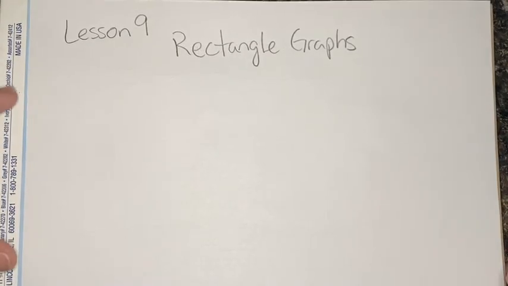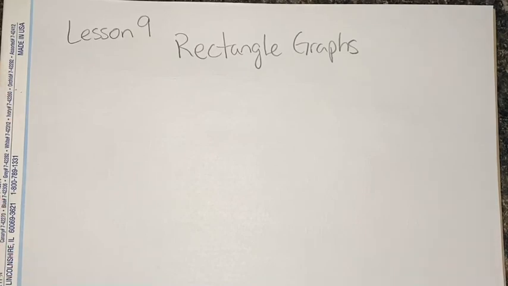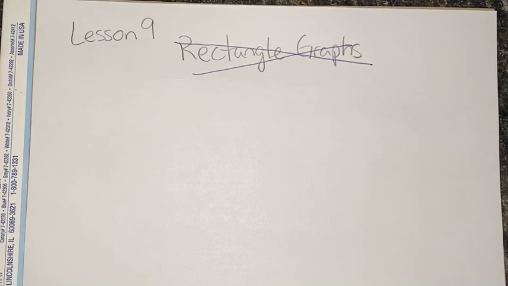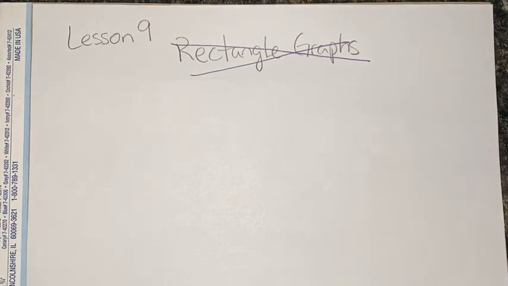Our final lesson for this week is rectangle graphs. We are not studying rectangle graphs, okay? So you do not have to do rectangle graphs in the lesson. You are, of course, required to do all the We Remember problems and the mastery drill, and if there were any skill builders, but there aren't.